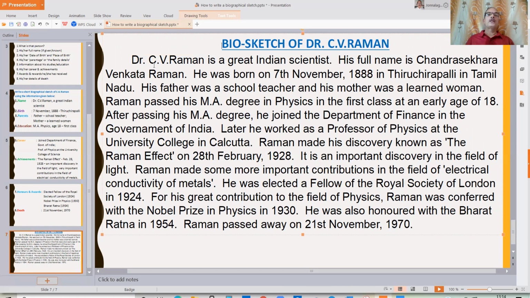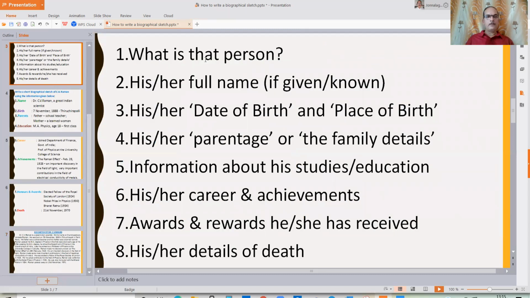And after that, you can write the biographical details of that personality based on certain details. What are the details that you have to necessarily include? What is that person? To which field does he belong? Then that person's full name, if it is given, or if you know it, you can mention. And the person's date of birth and place of birth, that means where he was born, when he was born, and where he was born.